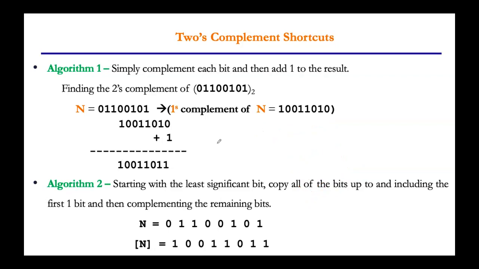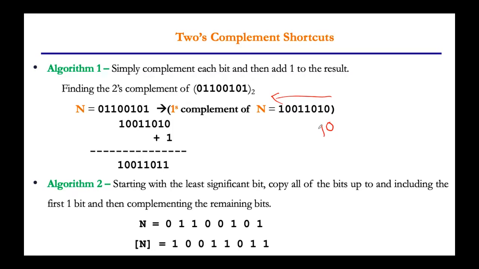So either you can follow this way, by doing the ones complement and adding 1, or simply scan the bits to find the first 1. Suppose you want to find the two's complement of this number. In the example, we scan from left to right until we find the first 1. The first bit is 0, so you write it as it is.